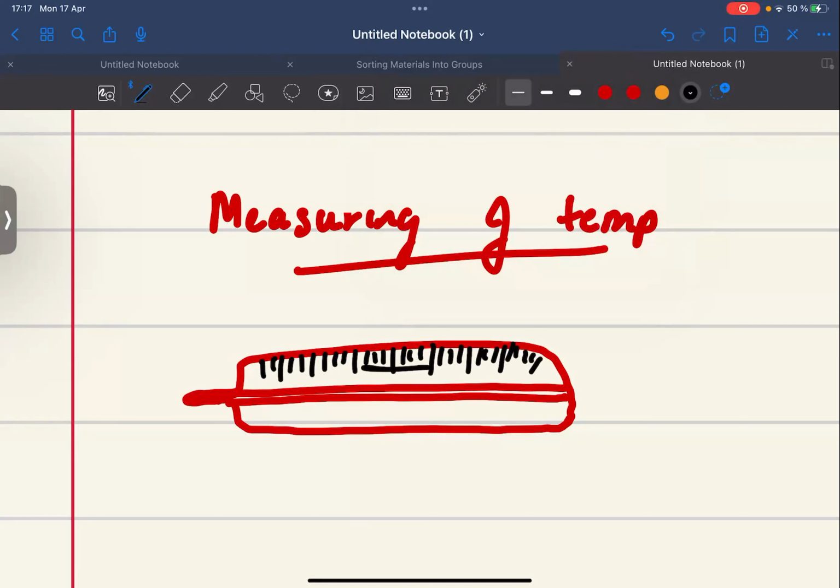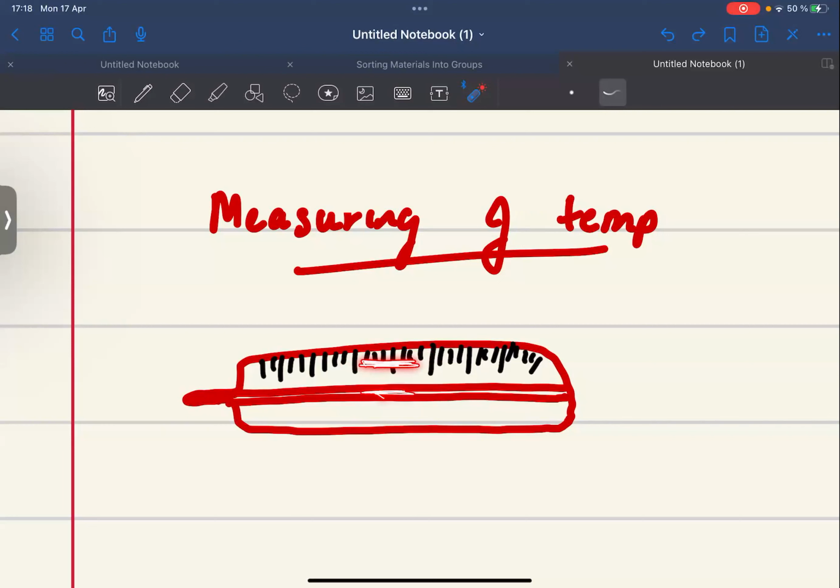Where is the mercury? Is it here, here, or here? 1, 2, or 3? Kritvik said 1.